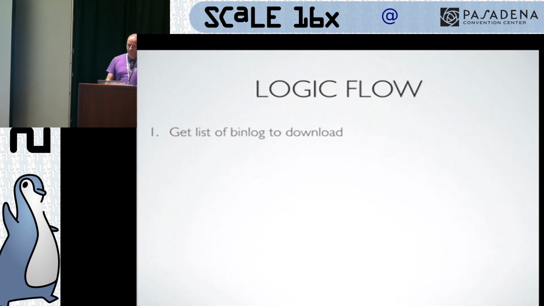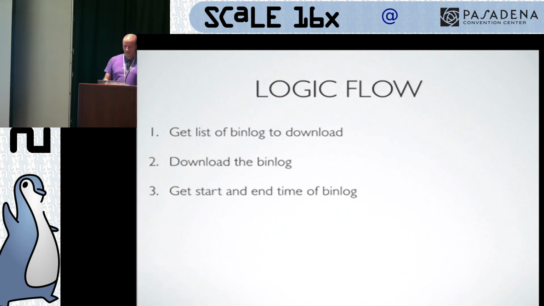So the logic flow of the script, right? First is to get the binlogs to download it, to get the start and end date of the binlog, so that you know which time frame this binlog corresponds to, because they get generated, right? So usually you set a size, for example, every 100 megs, a new binlog is going to be created.